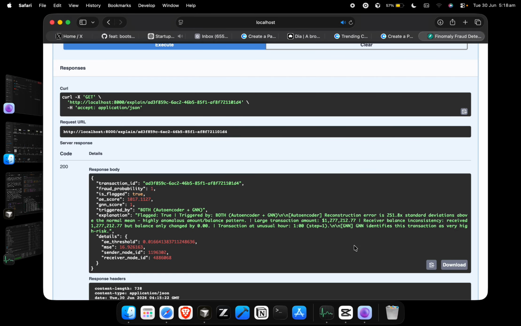GraphSAGE GNN builds a node transaction graph and learns to detect fraud using neighborhood aggregation. So how do they combine? They combine together in the consumer with the Redis cached embeddings, and then the metrics, ROC AUC, we've already covered all of that, the ablation study.